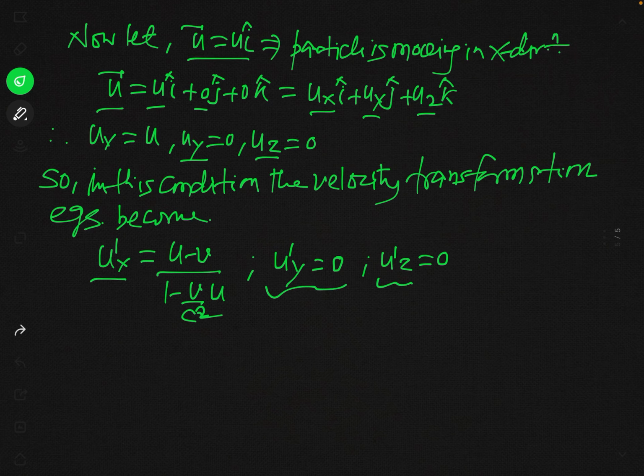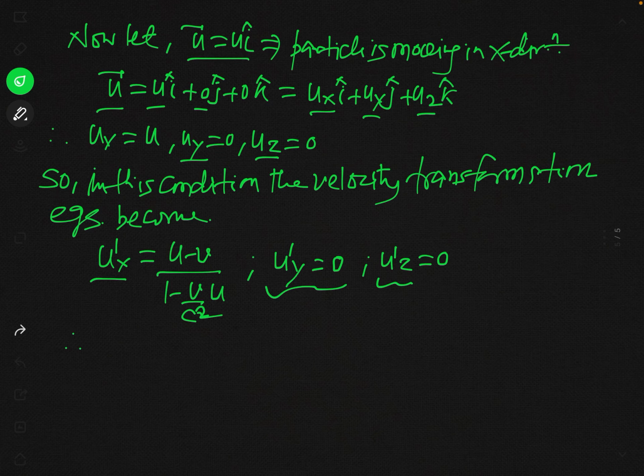So there is no need to write a subscript x here, and this is why we will write this u prime x simply as u prime, not u prime x, because u prime y and u prime z have become 0.